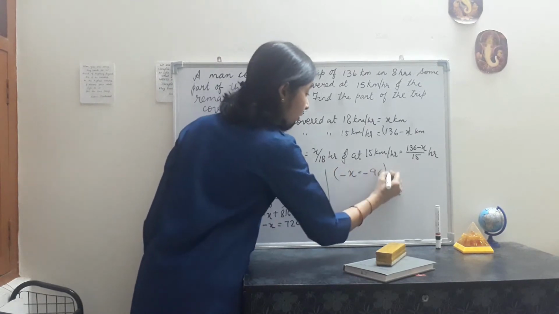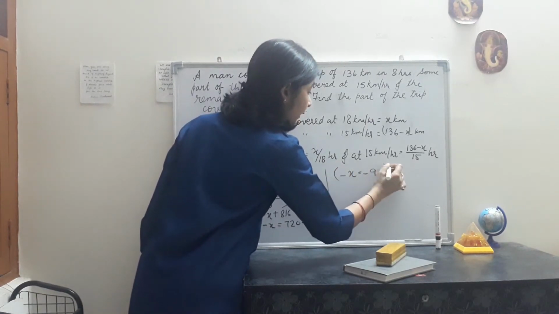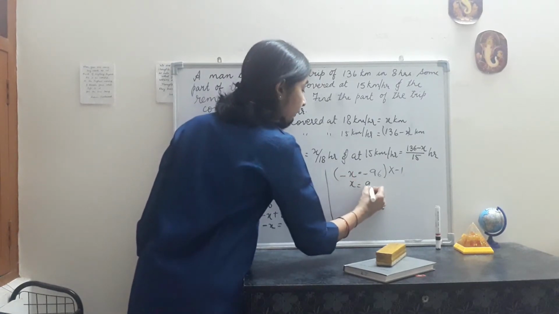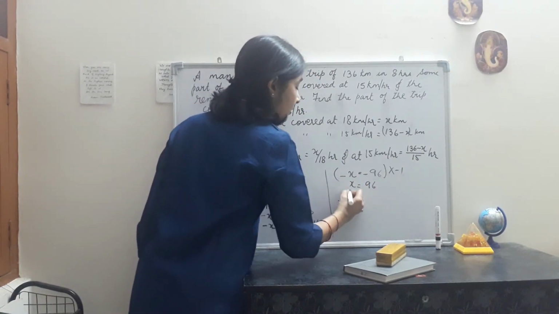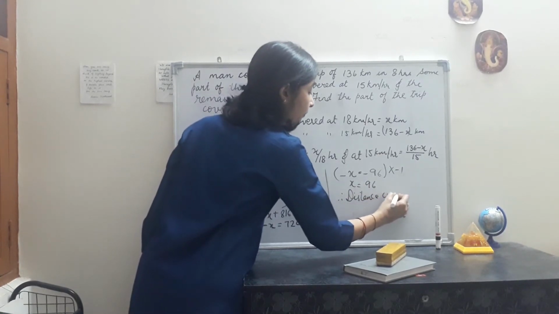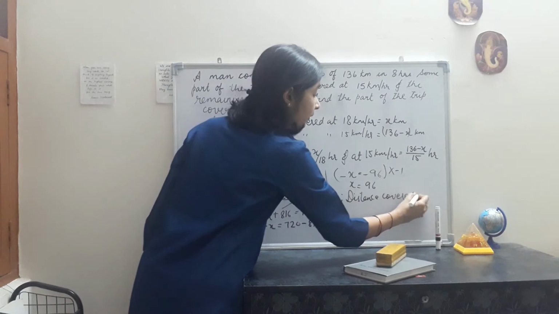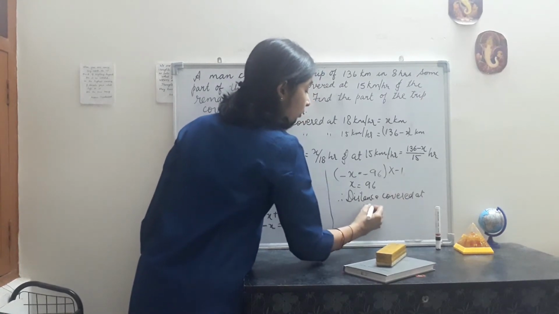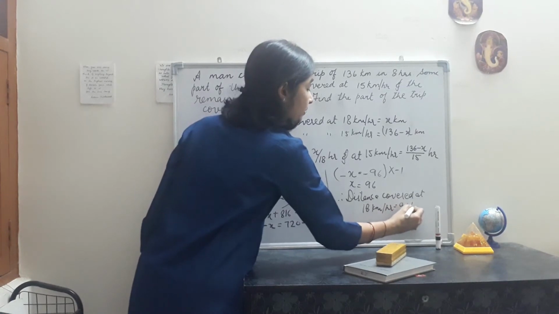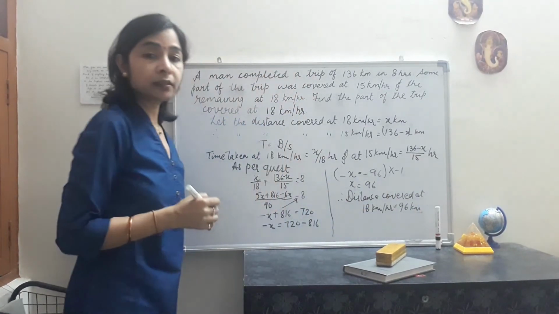Minus sign is common on both sides, so we will multiply the whole equation by minus 1. So what do we get? x is equal to 96. Therefore the distance covered at 18 km per hour is equal to 96 kilometers.